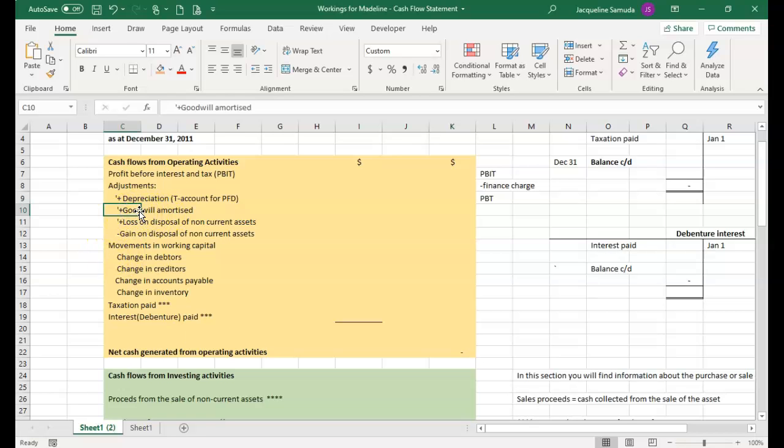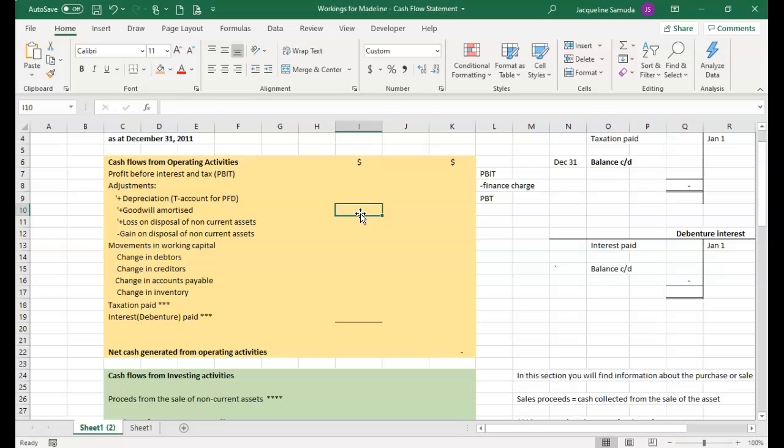So you'll notice that there's a line in the operating activities where we're going to slot in the goodwill. So the goodwill in the previous year was $110,000, but the goodwill in the current year was $35,000.